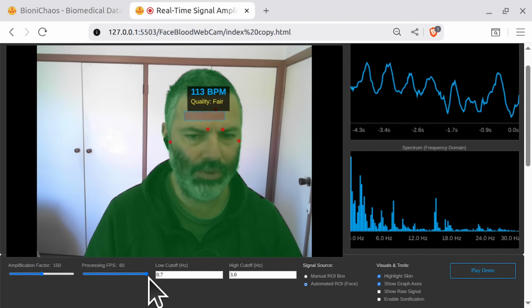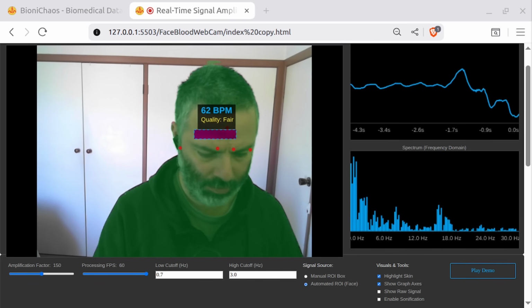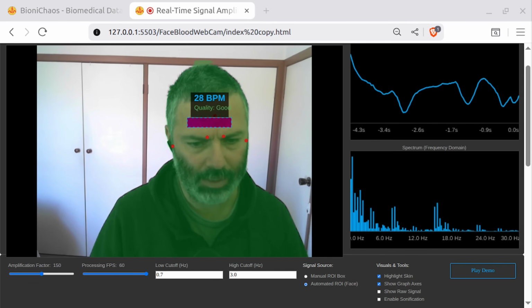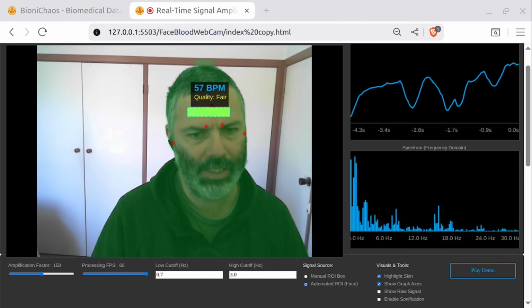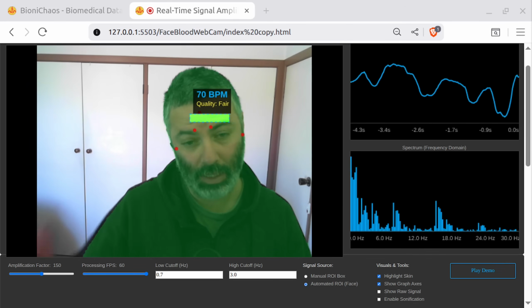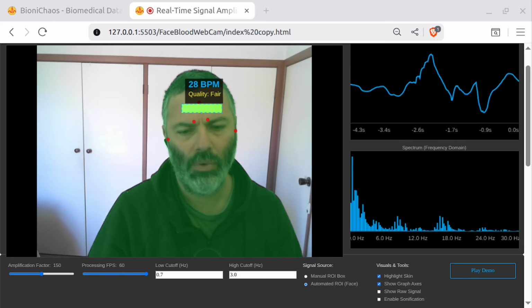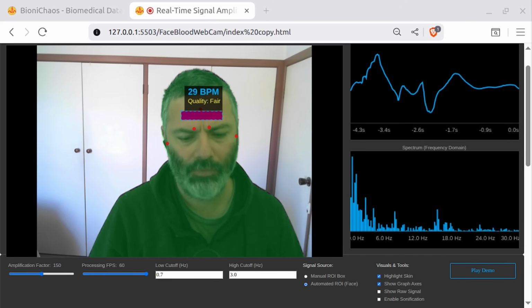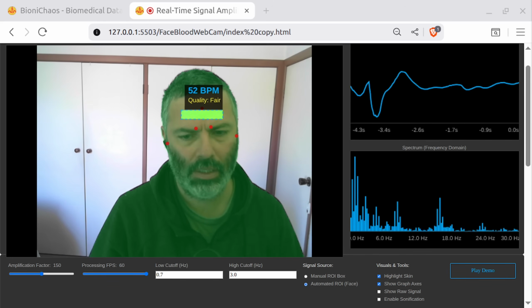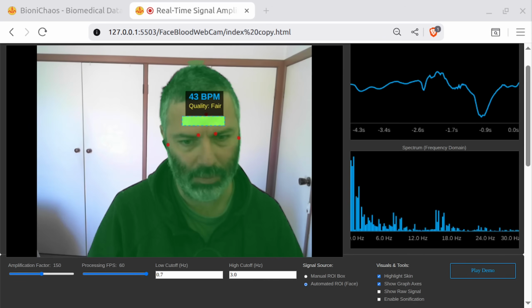Cannot fix the issue. That BPM is obviously wrong. The issue seems to be still there. So for 70 BPM, which is the actual value, at 30 frames per second, I do get the correct value, 70 BPM.